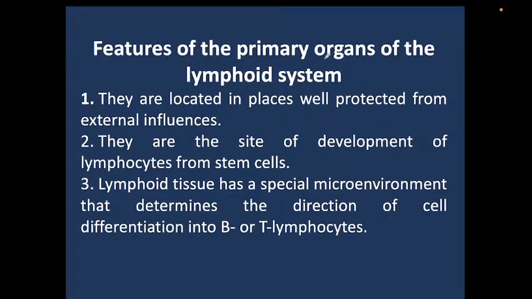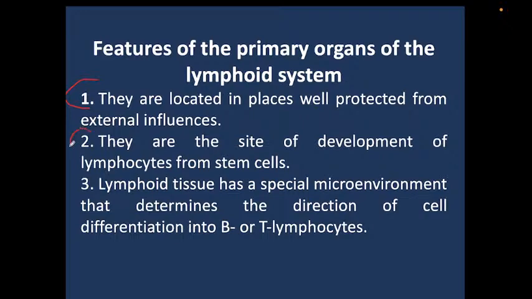Here you see some typical features of the primary organs of the lymphoid system. The first characteristic is that they are located in well-protected places, because these organs are really important for the health and for the body.